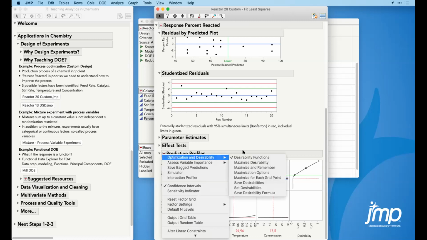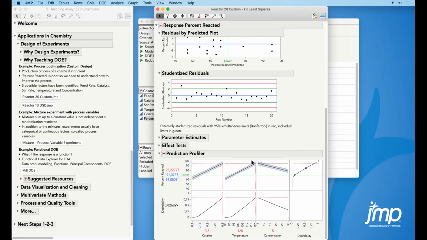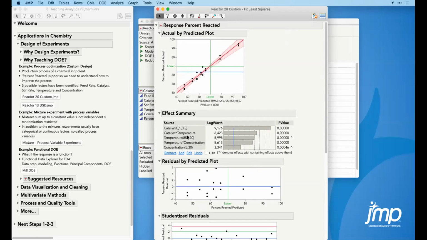The optimization is a simple step looking for the maximum desirability, and you get this solution: high catalyst, high temperature, and low concentration. But all relationships are linear because we are just looking at main effects and interactions, but no quadratic or cubic effects in this example.